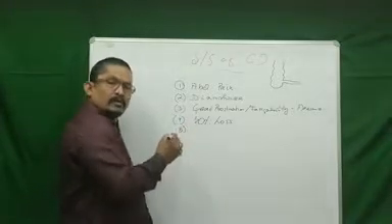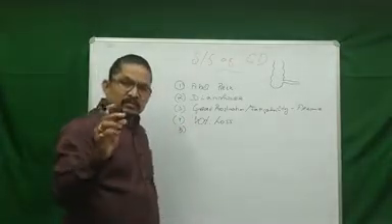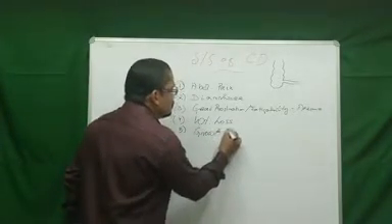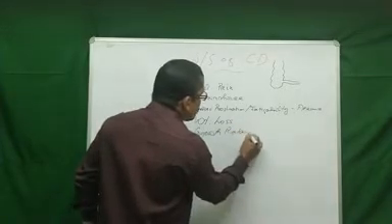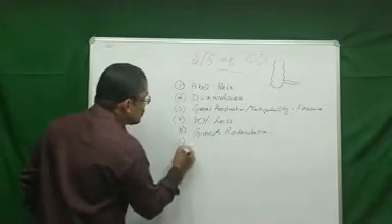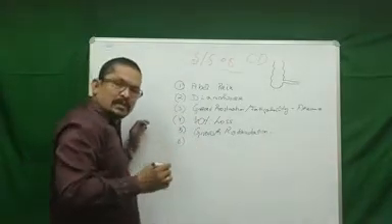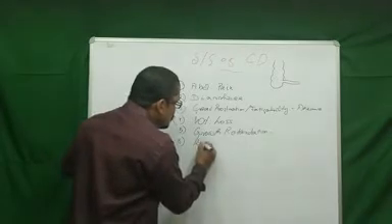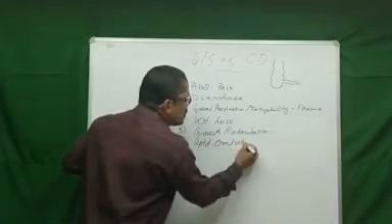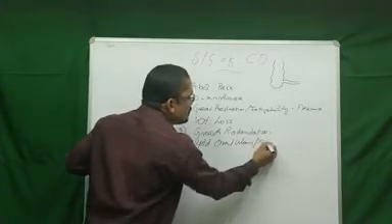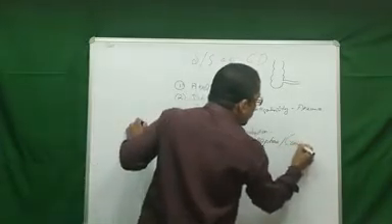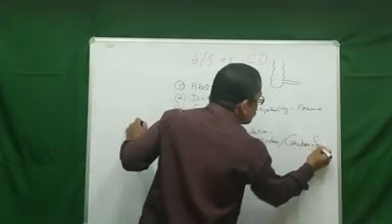Number five, especially in children, you can see growth retardation. Or lastly, number six, repeated oral ulcers or aphtha or canker sores.